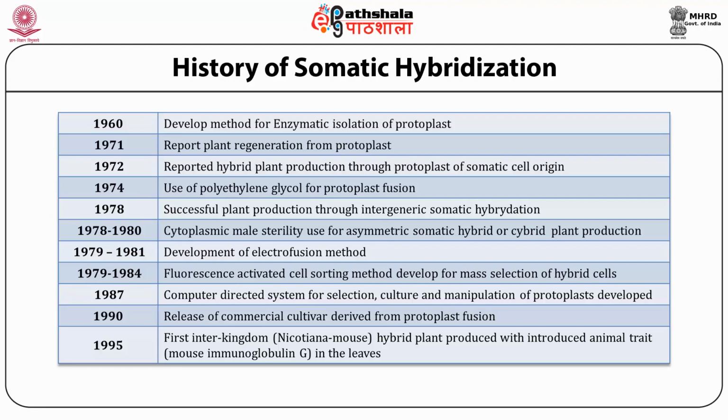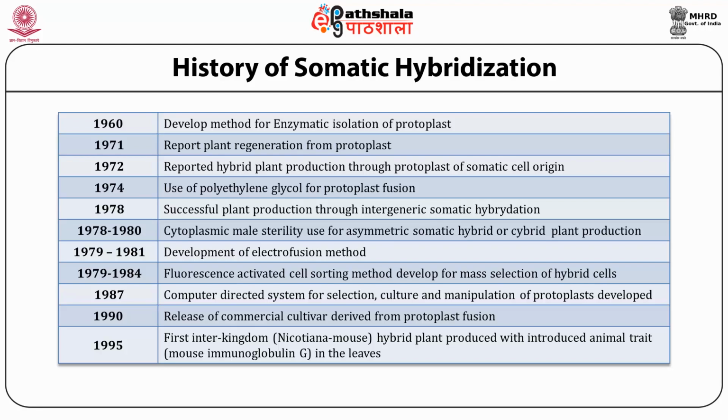And that was achieved through the use of the electrofusion method. Of course, once you have developed these hybrids, the next possibilities are how do you evaluate them, how do you ensure that you are evaluating those hybrids and then taking them further.